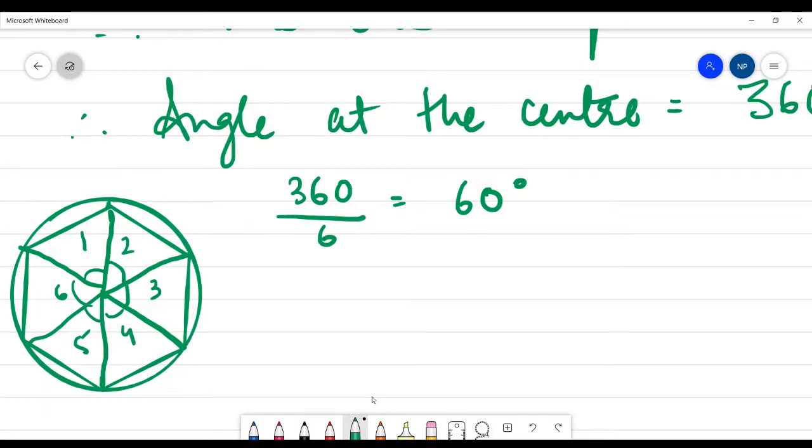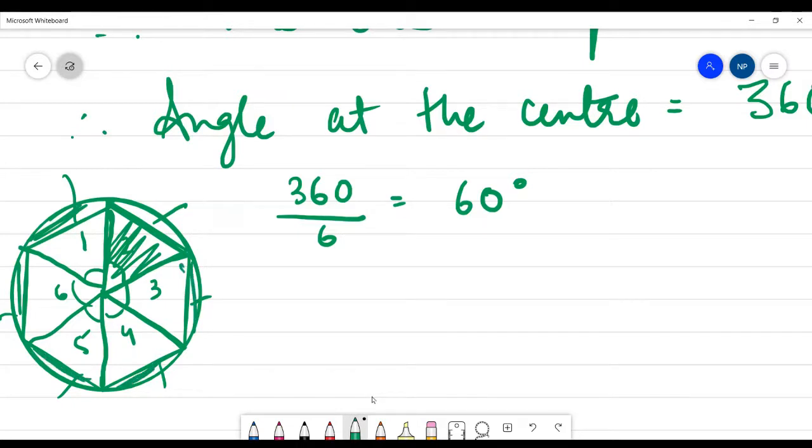So for that, we are going to take one sector, subtract this particular triangle, and we will be left with only the designs. That means we have to find the area of the sixth segment.